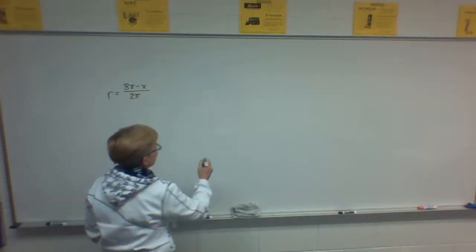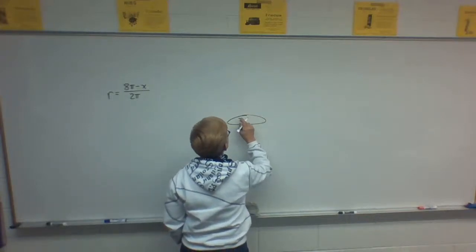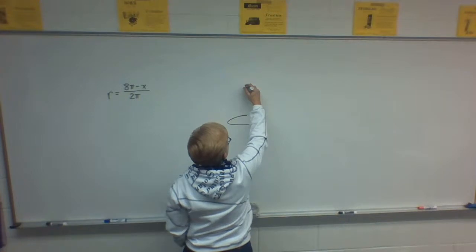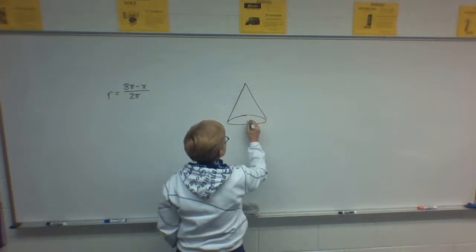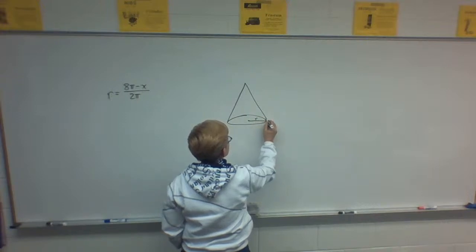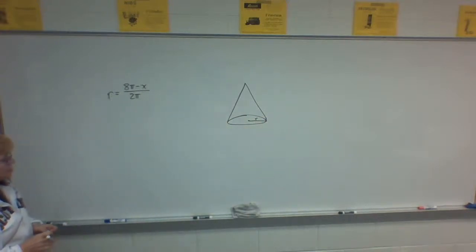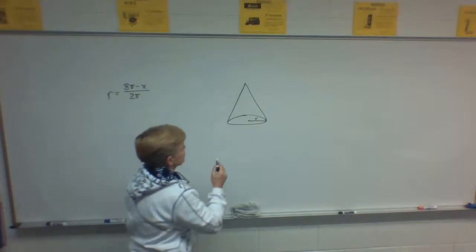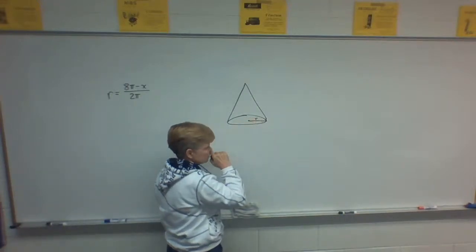And remember, r is, so I'm going to go ahead and draw the cone and see if I can draw it reasonably well. Remember that r is the radius of the cone once it's been formed. This is r, and this is the r we're talking about right here. And I want to know if you understand why that should be the case. So, what is the circumference of this circular base once we get the thing formed?